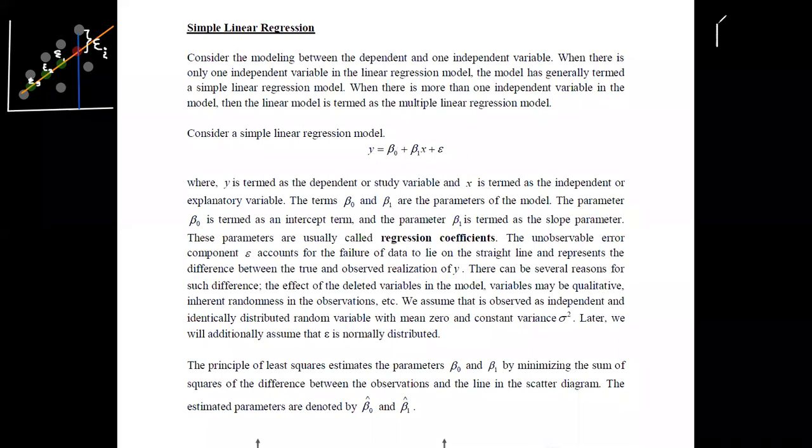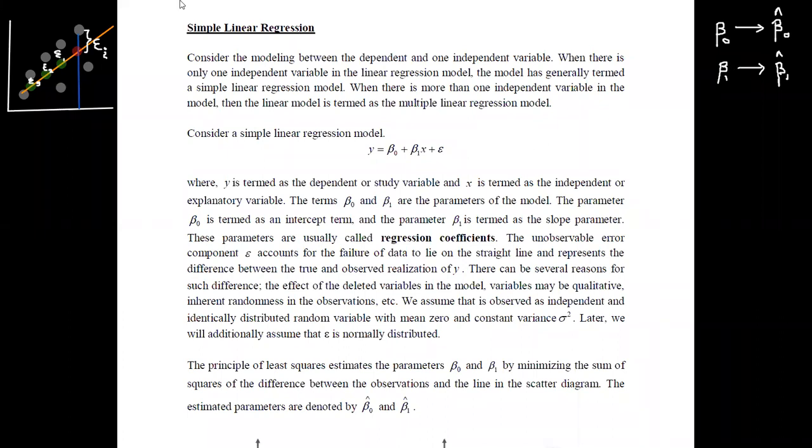Even though beta naught is the original value, now we are going to estimate a value for beta naught. Therefore, the estimated value of beta naught would be beta naught hat. And if you are going to estimate the value for beta 1, then this would be beta 1 hat. These are the values that we can observe for this set of data.